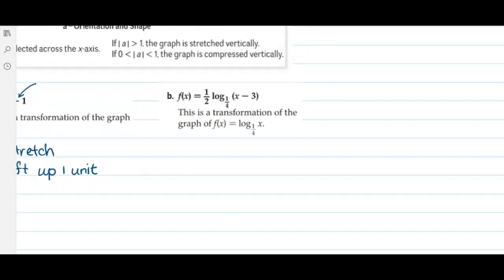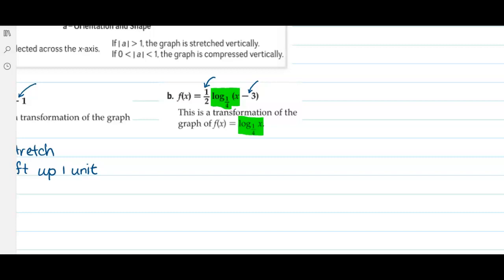Let's look at the next one. Again, our parent function is the log base 1/4 of x. So that's the parent function part. What's changed? Well, we have a coefficient of 1/2 before the log, and we also have subtract 3. That's what's making it different from the parent function.